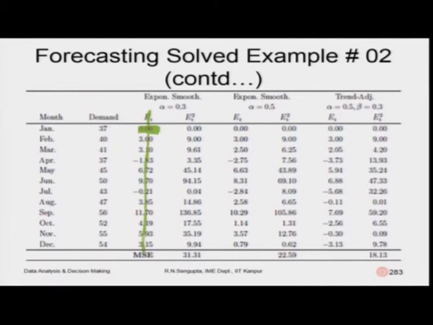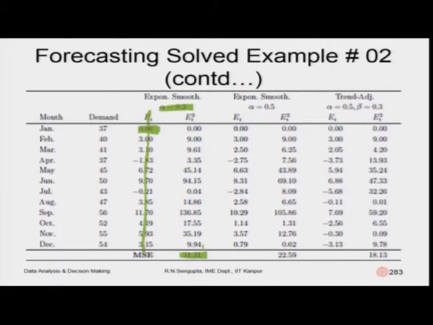This I did not mention because I have been repeating it time and again: these are the errors based on using alpha as 30%, or 0.3. Now, in the fourth column, once the errors are calculated, we find the square of the errors and then sum them up. So, this becomes 31.31.